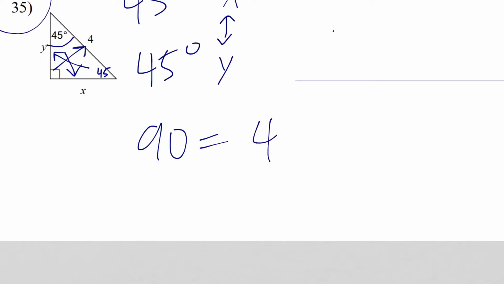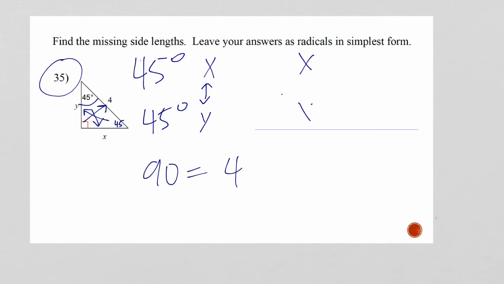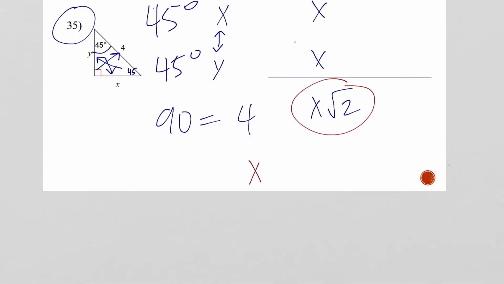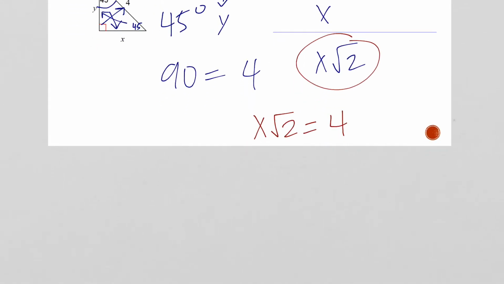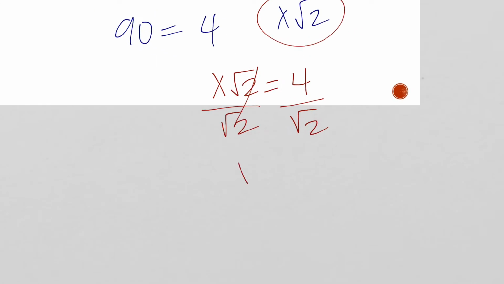So the hypotenuse measures 4, which means that if you remember, it goes x square root of 2. So I'm going to set the hypotenuse equal to the length that they gave us, which is 4. I'm going to solve for x by dividing both sides by square root of 2. And when you do this, you're going to get 2 square root of 2.